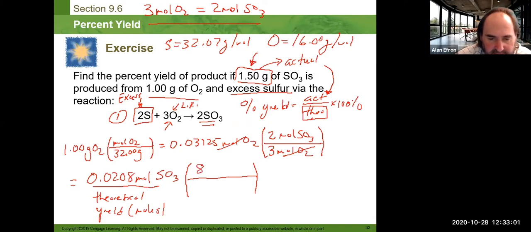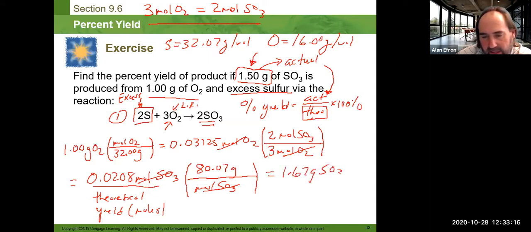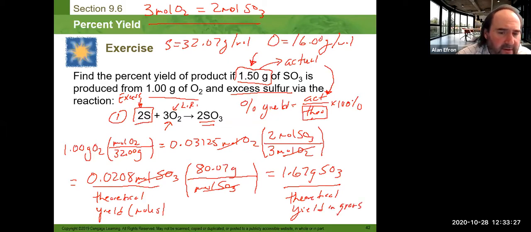So we're going to multiply this by 80.07 grams per mole. Moles are going to cancel, and it looks like 1.67 grams of SO3. Again, this is going to be our theoretical yield in grams. Any questions so far on that part of the calculation?